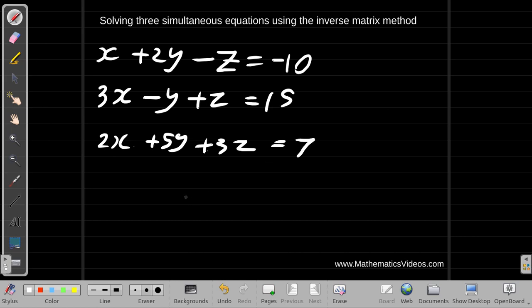And we want to use the matrix inverse method to do that. So what we're going to do now, we're going to take time and go through revising some part of the matrix inverse method.